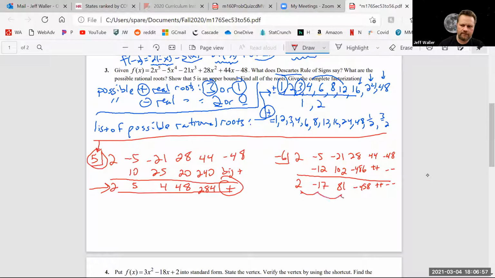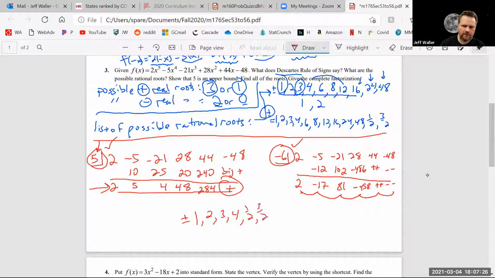does the sign alternate throughout? Yes. So therefore, -6 is a lower bound and 5 is an upper bound. So what's my list look like now? 1, 2, 3, 4, and then my fractions.